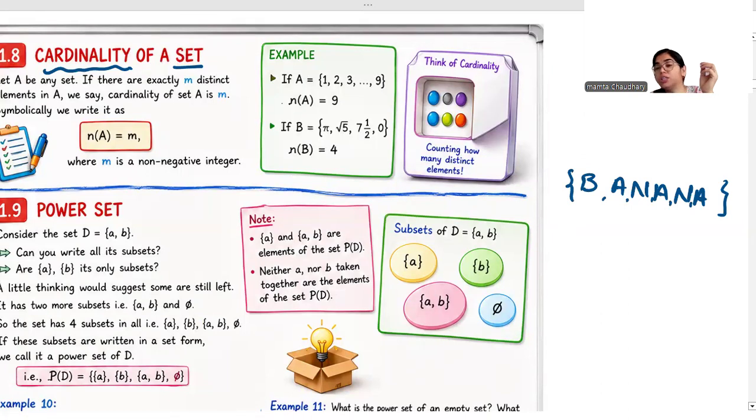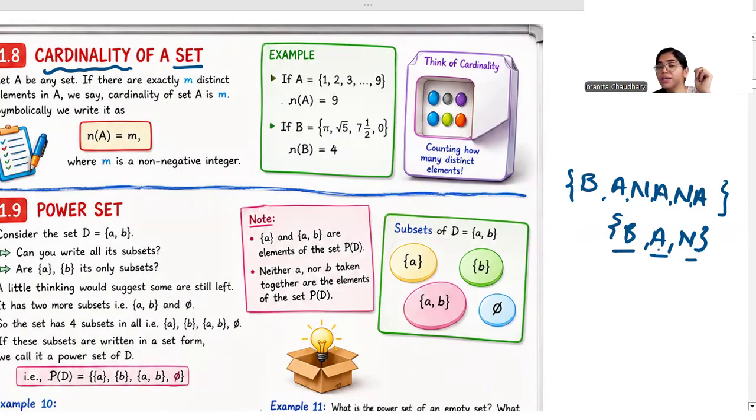So there are only 3: B, A, N. So what is cardinality? Cardinality means how many distinct elements are there in a set. So here we have 3 distinct elements.